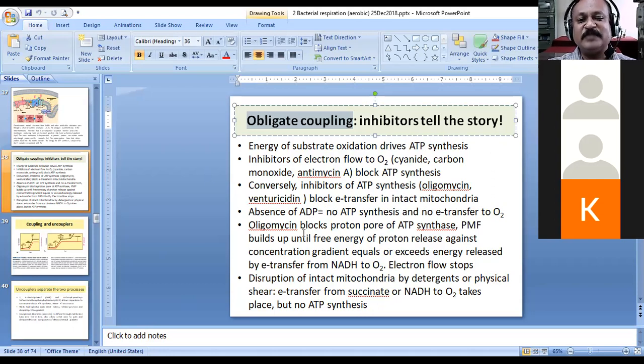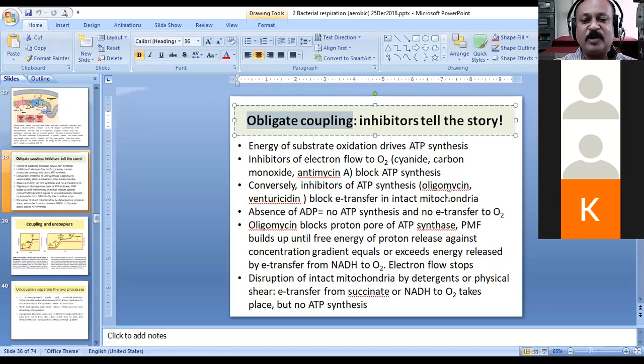Now, another thing is if there is absence of ADP, if you don't add any ADP in the medium, or if there is no ADP available for the mitochondrion to carry out ATP synthesis, then of course ATP synthesis will not take place. And at the same time, that will also inhibit the electron transfer to oxygen. So this is a very interesting thing.